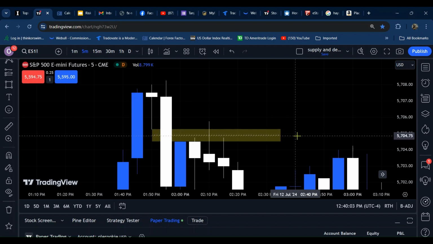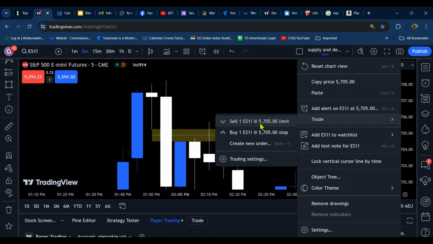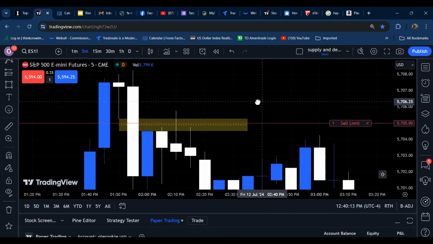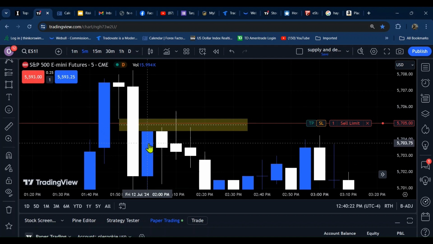We would put a sell order in here, after this candle forms that forms our fair value gap. So then you could put your stop order. This one would be a sell one at the 50% mark. It's not going to let me do it exactly at the 50% mark.